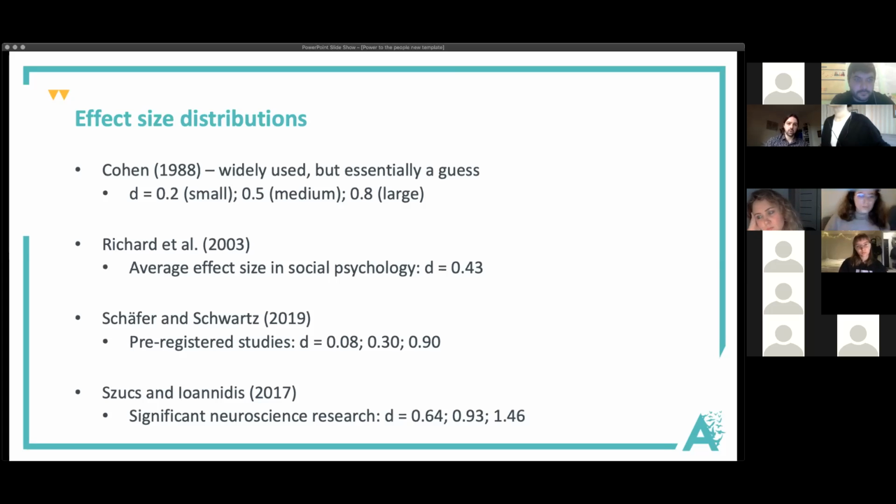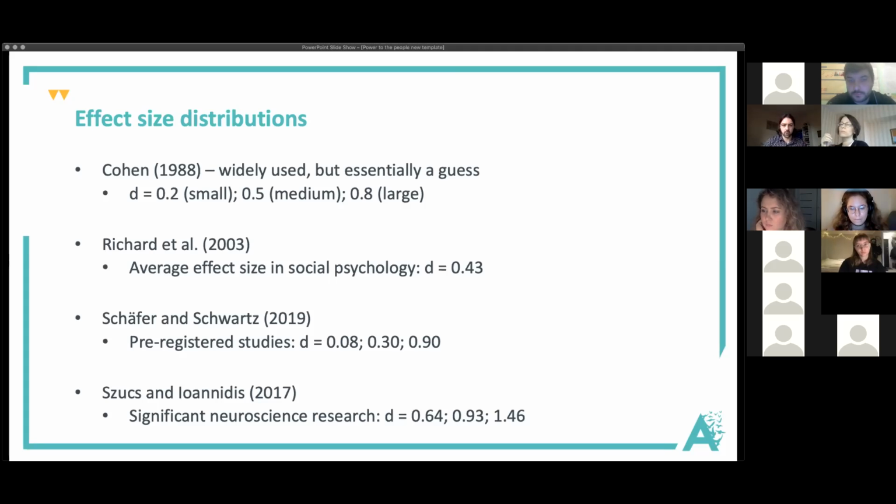For example, in pre-registered studies you have far smaller effect sizes, which is probably a byproduct of them tending to use far larger sample sizes, so you can find much smaller effects. Here it goes 0.08, 0.3, 0.9, so quite a sparse distribution. Specific to neuroscience research, these tend to be a lot higher, from 0.64 to 1.46.